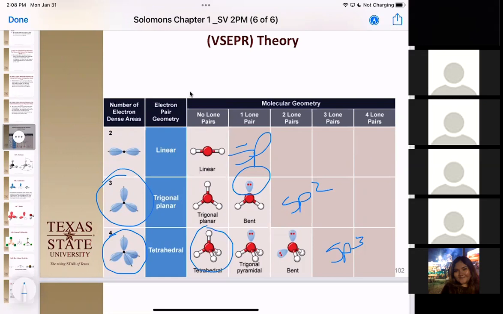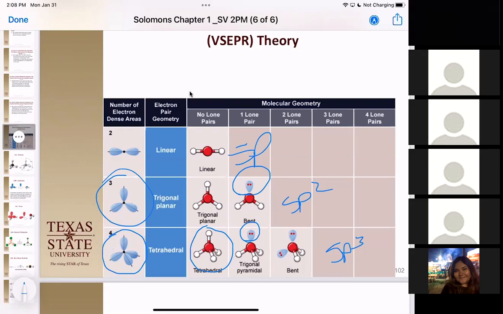So it's sp3 hybridized, believe it or not, but the lone pair is up here. So the molecular structure is like a little 3-sided pyramid, or trigonal pyramidal. Trig for 3, pyramidal for pyramid. Notice the lone pair electronically is there, but doesn't count for molecular structure.